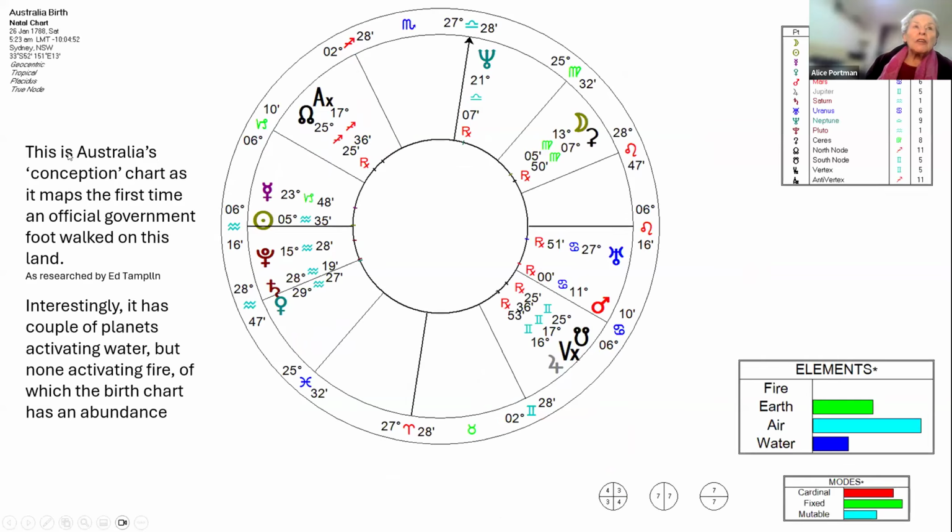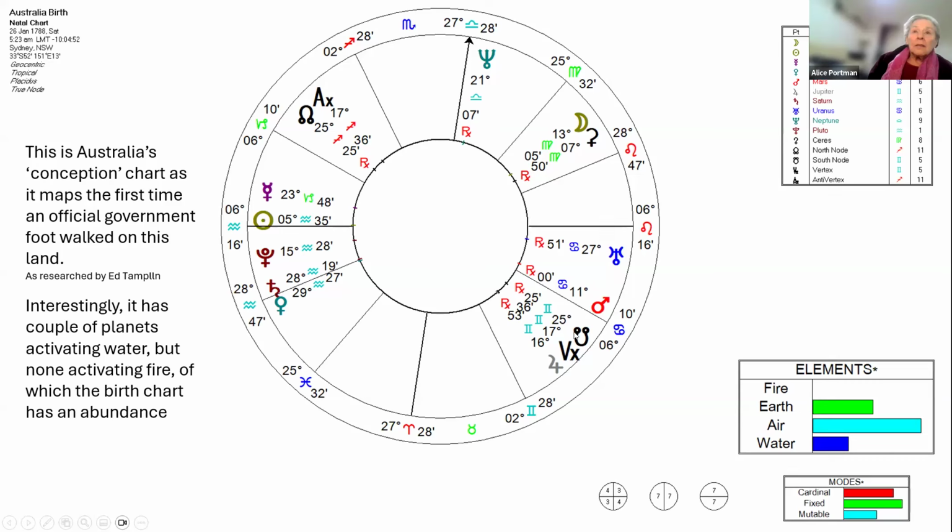Now, I call this Australia's conception chart because it maps the first time an official government foot walked on this land as researched by Ed Tamplin. Interestingly, it does have a couple of planets activating water, Mars and Uranus. But funny enough, the reverse of Australia, none activating fire. And Australia's birth chart itself has got an abundance of fire.